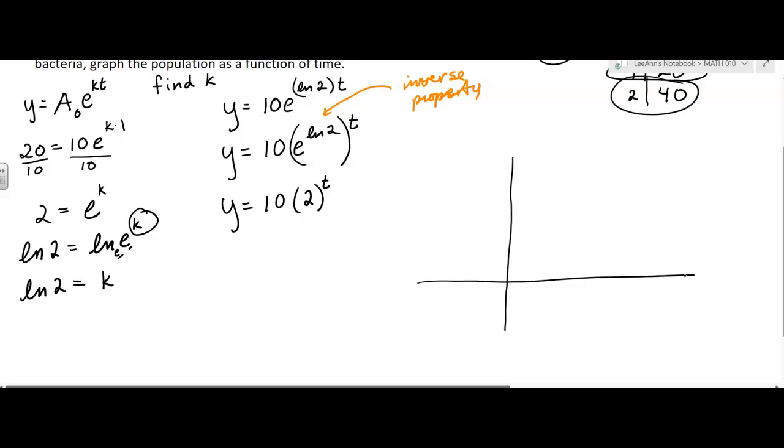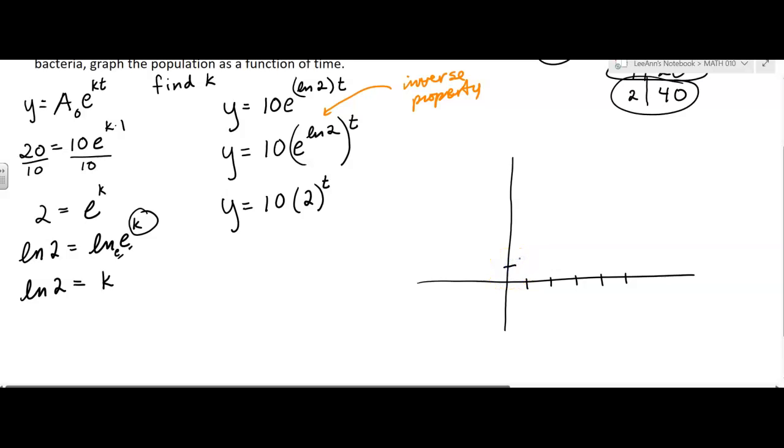Now, how is this going to work? Well, I'm not going to go back in time, for one thing. So I'm going to be starting at 0 time. And then I'm going to have an hour, 2 hours, 3 hours, 4 hours, maybe 5 hours. And then I'm going to have a pretty large scale. I'm going to change my scale here. I'm going to count by 20s.